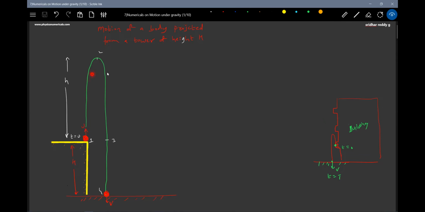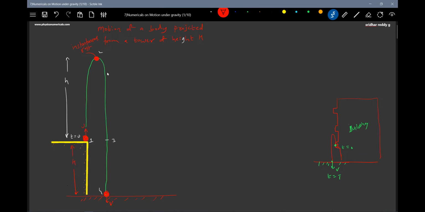So the ball will rise up, then it will fall down. This motion is what we are discussing here, nothing big. So at 2, what is the state of the ball? The ball will be at instantaneous rest. It will be at rest for a while, then it will fall back.